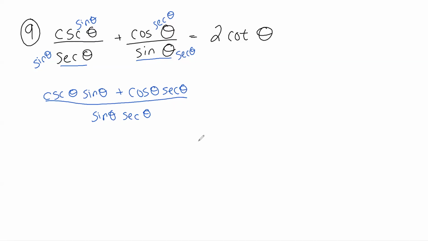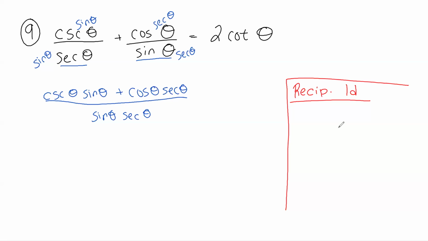All right, you can either go to your cheat sheet or some of these come up so often you might have them memorized. If you do need to refer to your cheat sheet, it should be in a section called reciprocal identities. We know that 1 over sine is cosecant, right? The reciprocal, the flip of sine is cosecant.